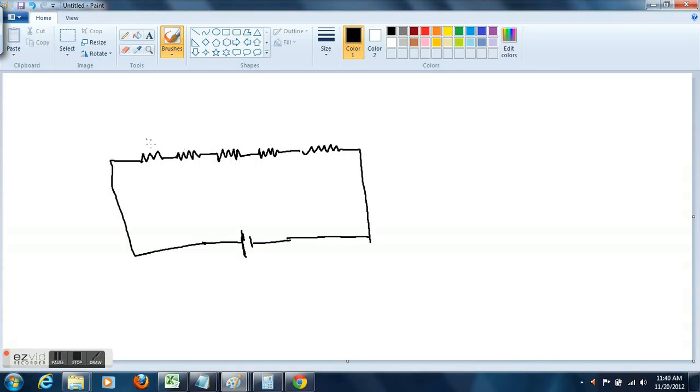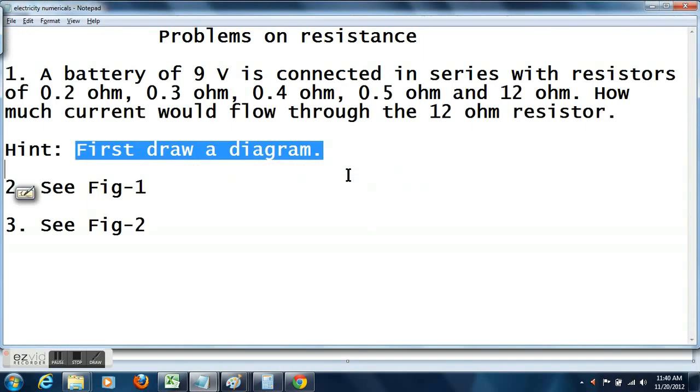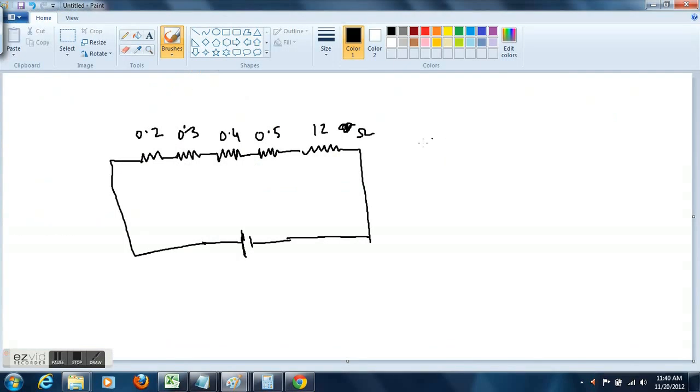The battery is 9 volt and the resistances are 0.2 ohm, 0.3 ohm, 0.4 ohm, 0.5 and 12 ohm. You have to calculate the amount of current that flows through the 12 ohm resistor.